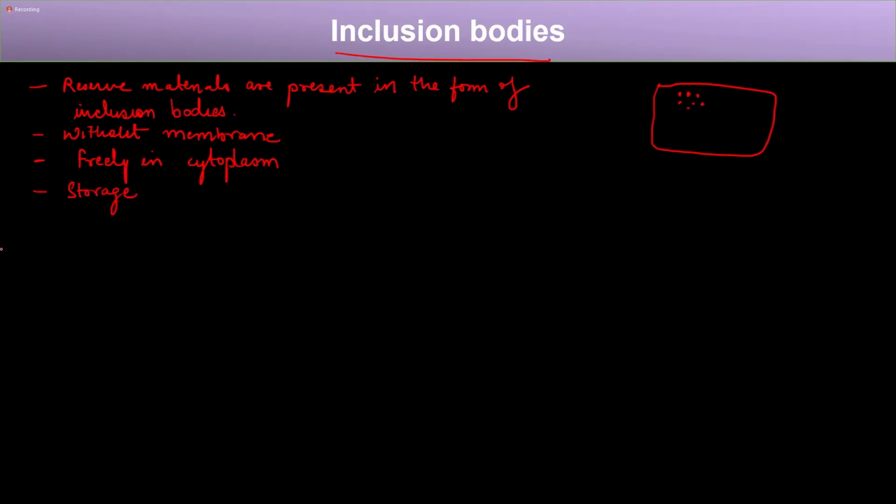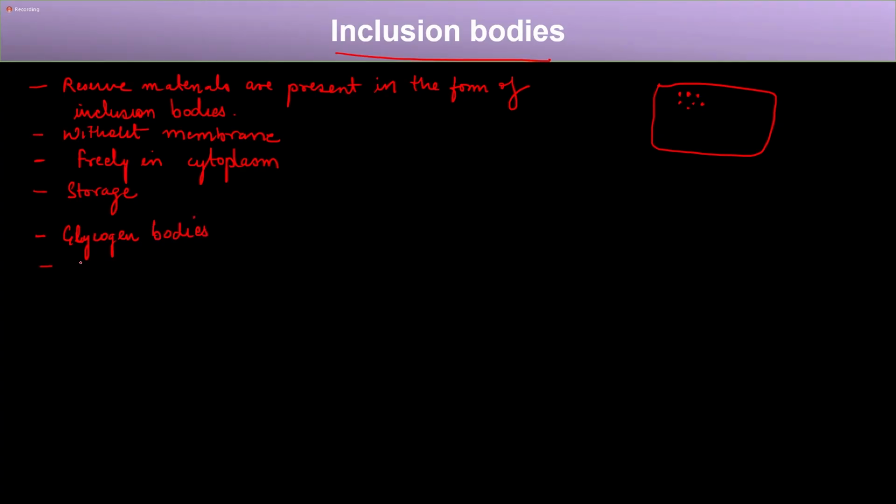Now, inclusion bodies can be of different types, based on what they have stored. You can name inclusion bodies based on that. For example, if a bacteria has stored glycogen, it will be called glycogen bodies.